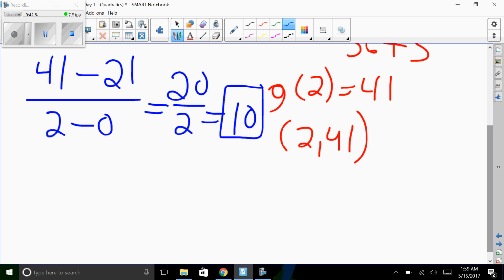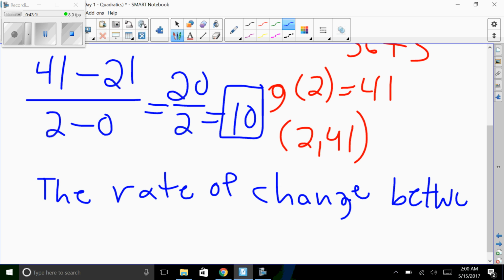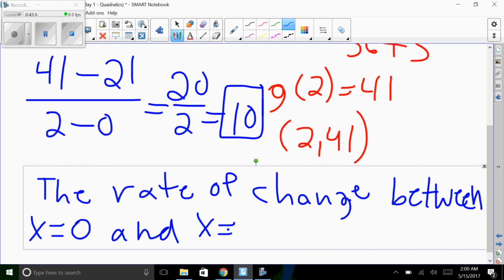So always take the absolute value of the number. But in this case, they're both positive, so the rate of change between x equals 0 and x equals 2 is greater.